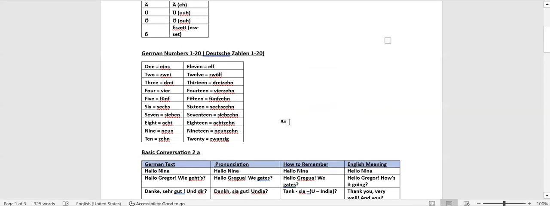Coming to the next basic thing, numbers from 1 to 20.